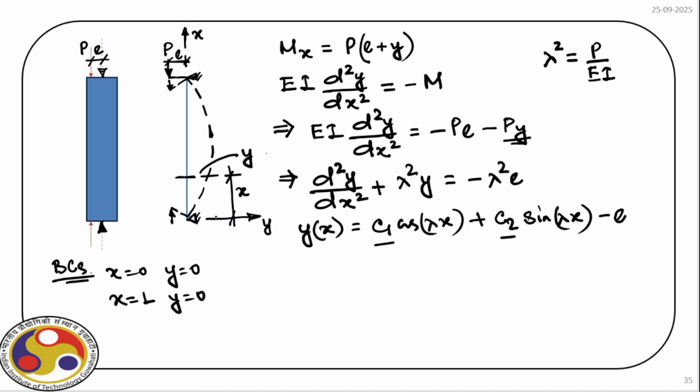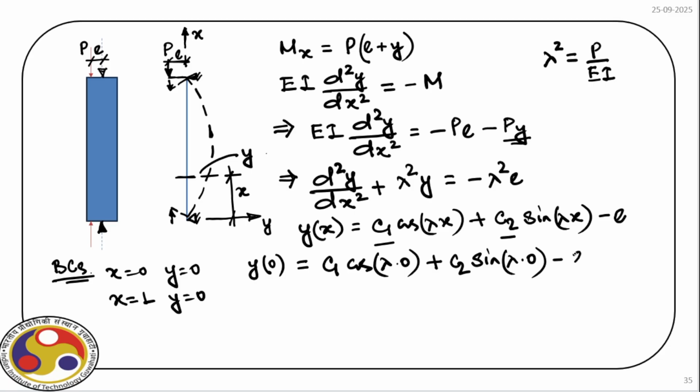So if we put the first condition, we have y of 0 is equal to C1 cos lambda times 0 plus C2 sin lambda times 0 minus e is equal to 0.